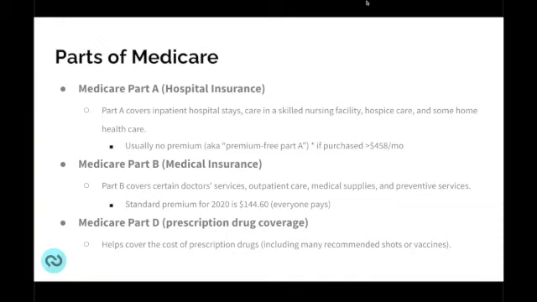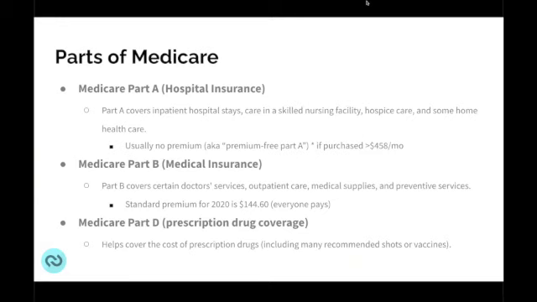So Medicare Part A is hospital insurance, and it covers your hospital stays, your care in a skilled nursing facility, hospice care, and some of your home health care. The Part A component of Medicare, if you're a Medicare enrolled participant, usually doesn't have a premium attached with it. There are some instances where a premium could be attached, and I'm not going to dive into details on those.